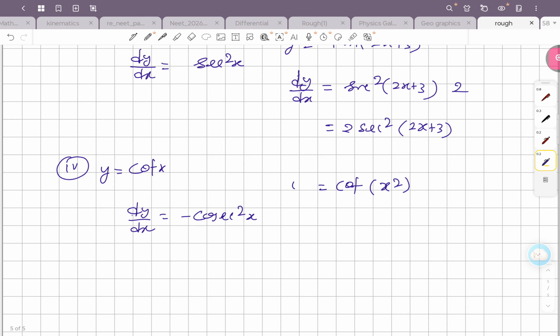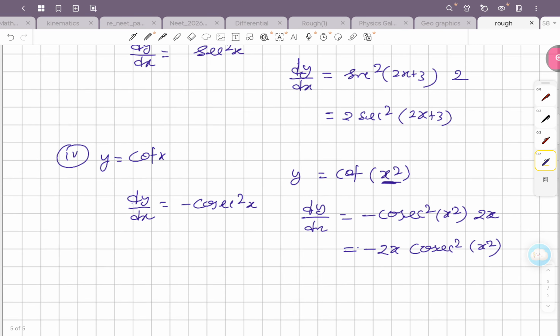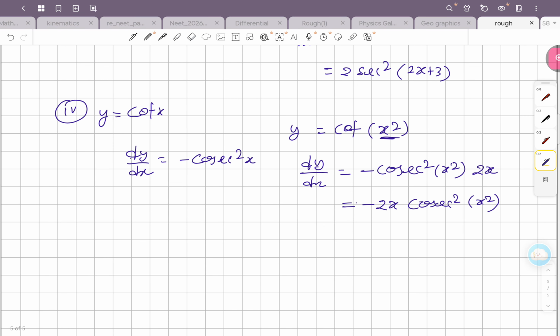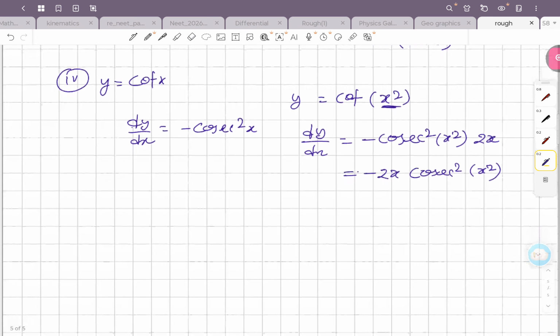Y equal to cot of x square, so dy by dx is minus cosec square of x square. Again, this one is different, so we differentiate again, 2x. So we can write minus 2x cosec square of x square. Understand? So this is the correct way we can find the differentiation of any function.